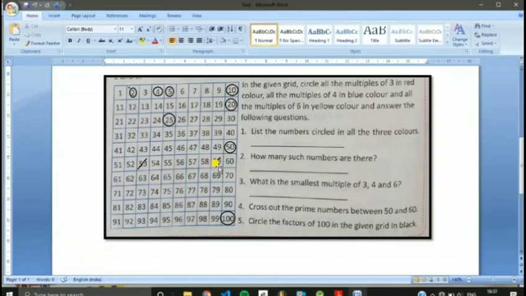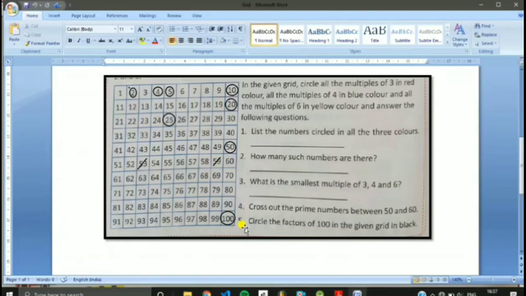No other table has 59, so 59 is a prime number. This way we have completed our number 4 solution: between 50 and 60 the two prime numbers are 53 and 59. So this was the solution of 4.